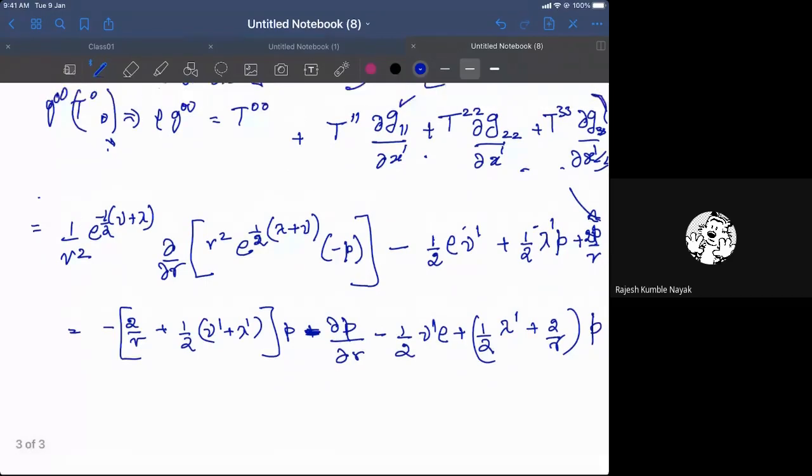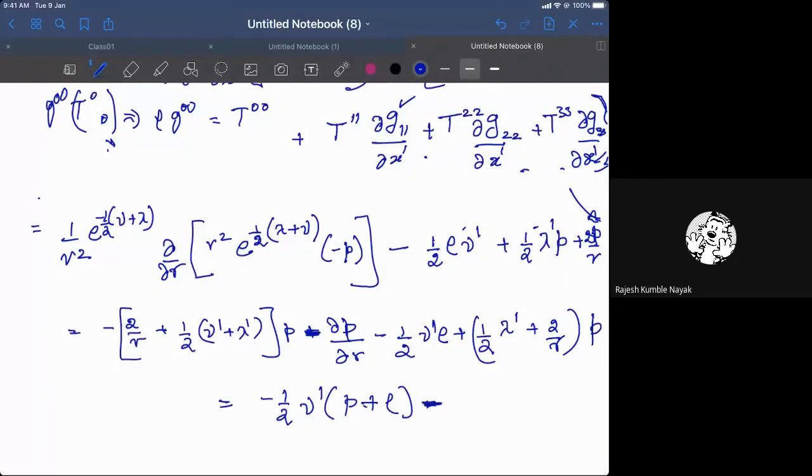You cancel out the terms, they would nicely cancel out, and then what you are left with is minus half nu prime p plus rho is equal to minus dp by dr.